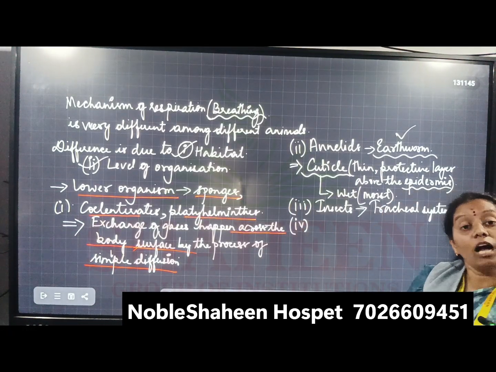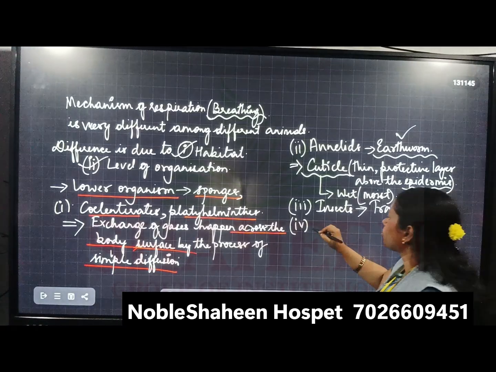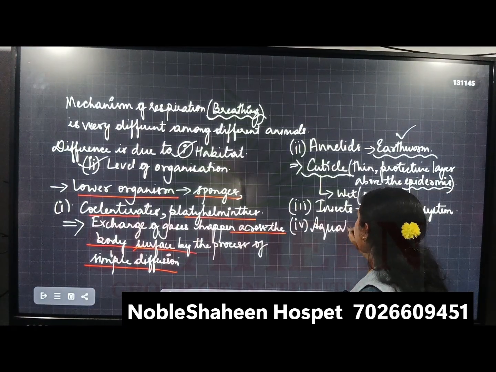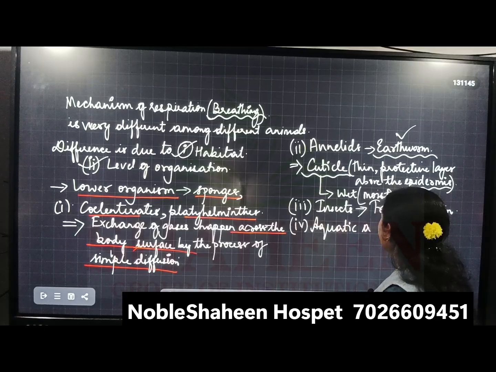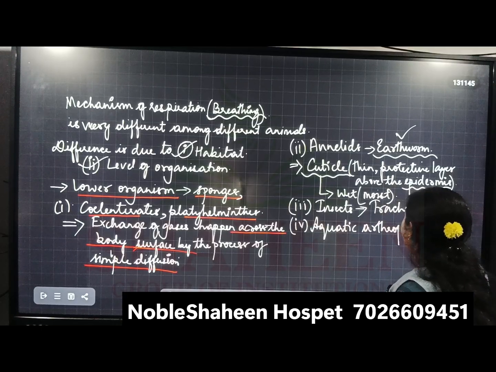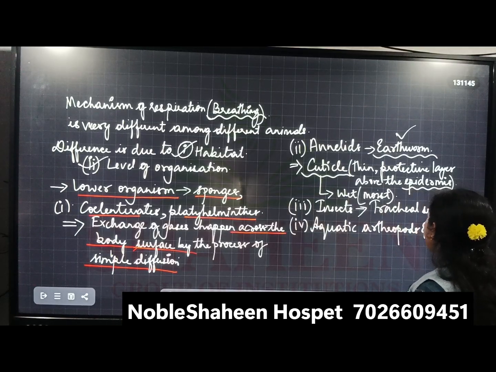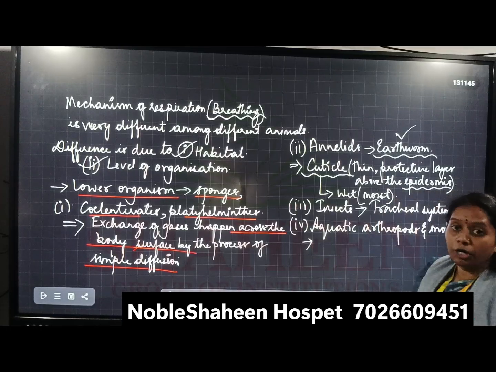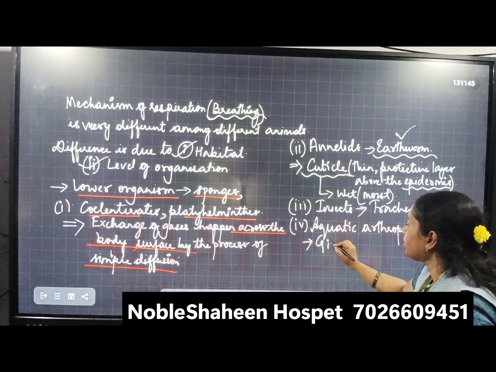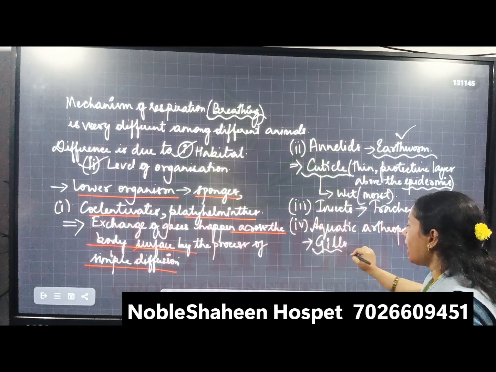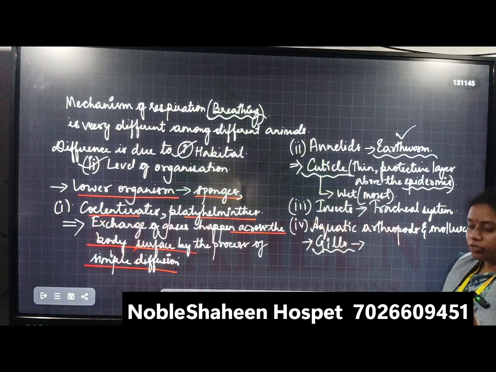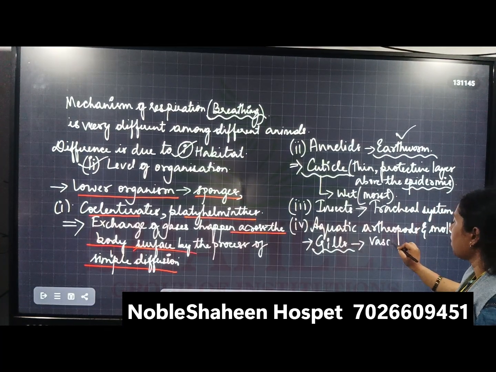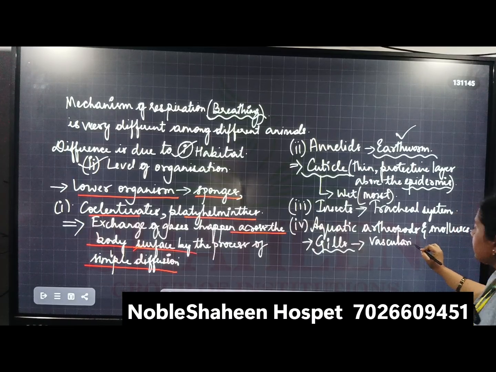What about in the case of aquatic arthropods and even mollusks? So all of them are going to breathe with the help of the organs called as gills. So gills are considered as vascularized organs.